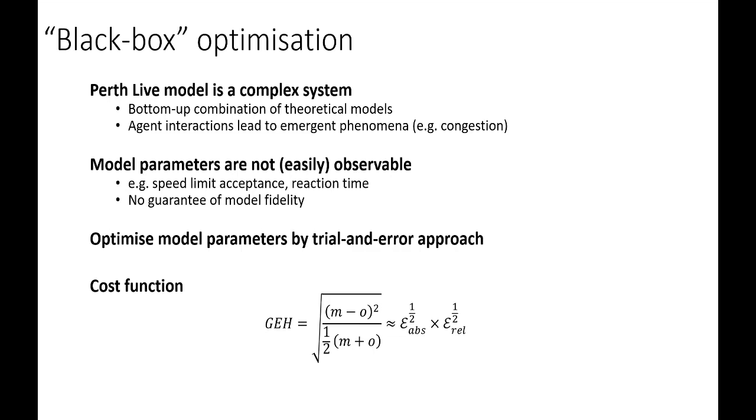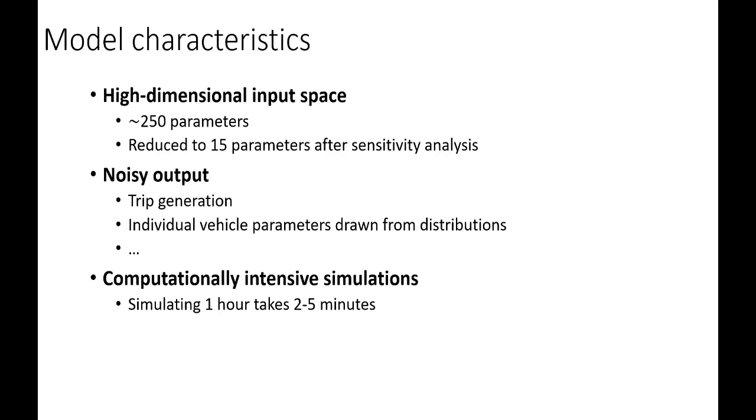All right, so even though we are doing this sort of black box optimization, it's not really a black box. We do know a bit about the model, and so we want to use some of those model characteristics to inform our approach. We know that the model is high dimensional.